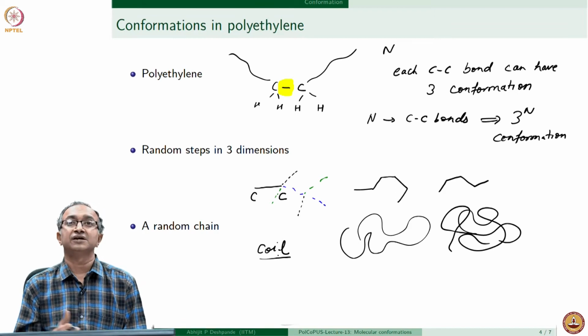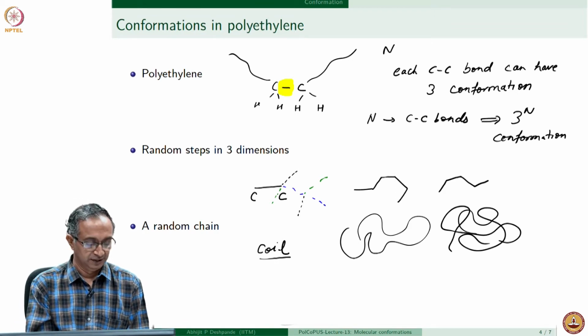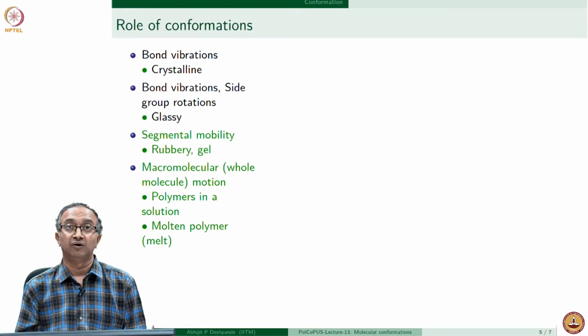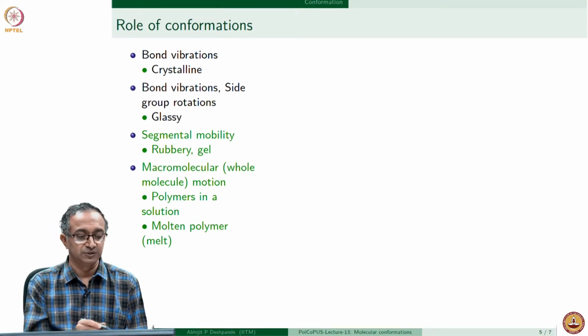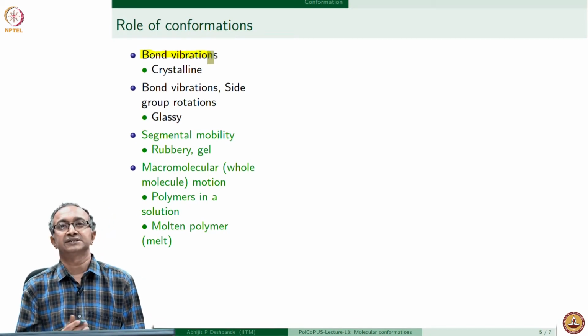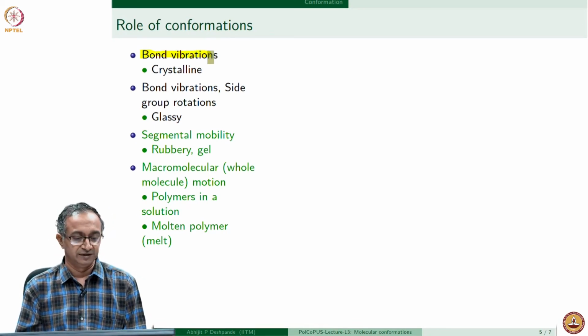Now, when is conformational change possible? So let's look at the role of conformations and when they are possible. So if we have a crystalline macromolecule or any other crystalline material also, then what we only have are bond vibrations. So in such cases, conformational changes will not be there.